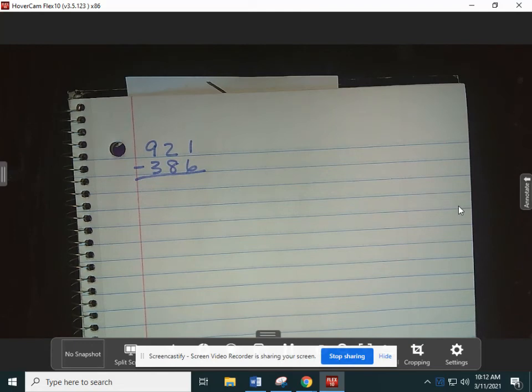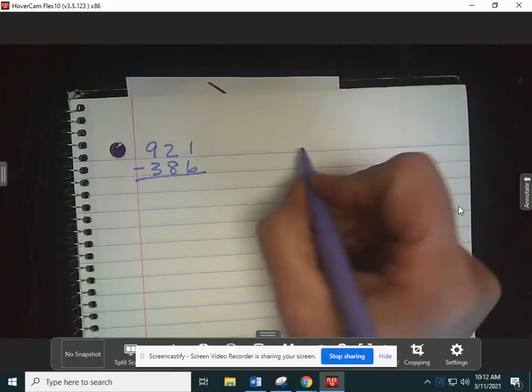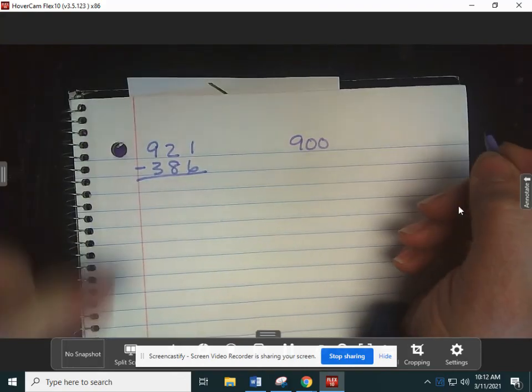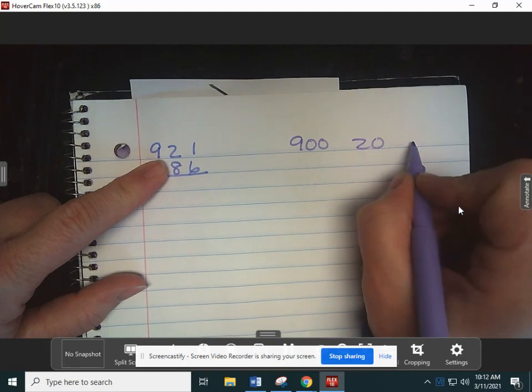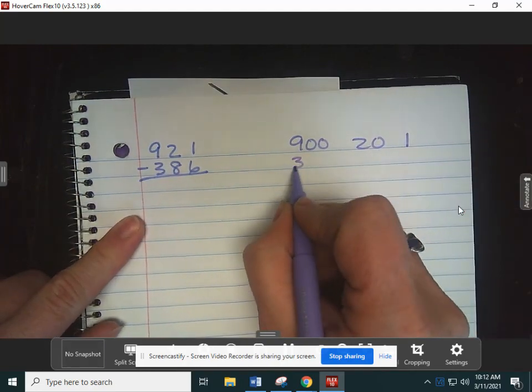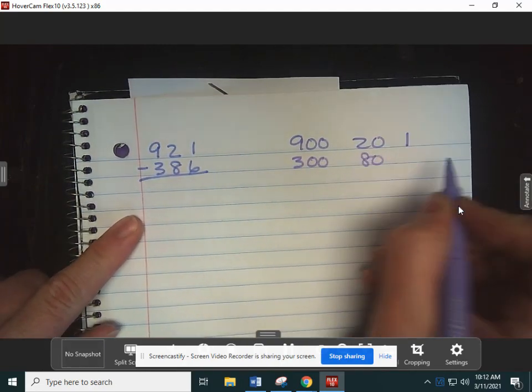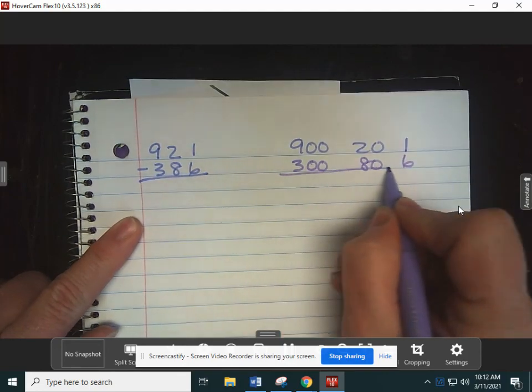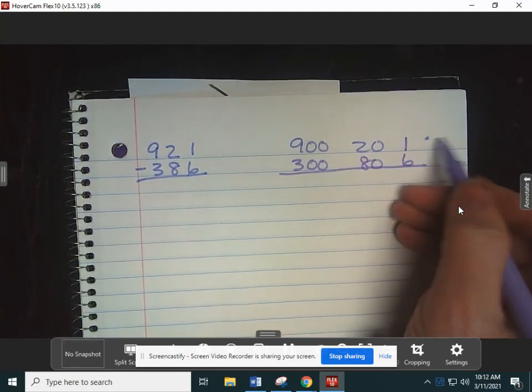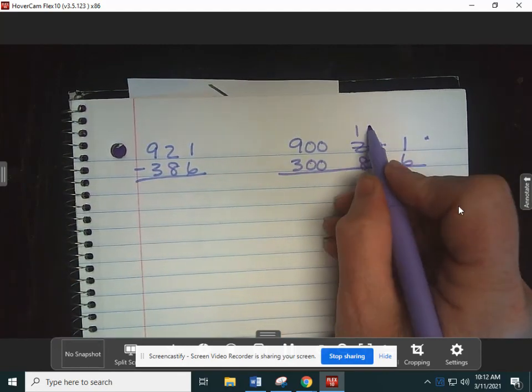Okay. I have about 3 or 4 students that aren't quite finished with this, but everybody else is. Expanded form looks like this, where it's 921 minus 386. The 1 is not big enough, so I'm grabbing a 10.